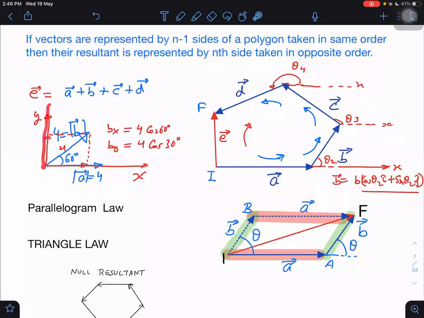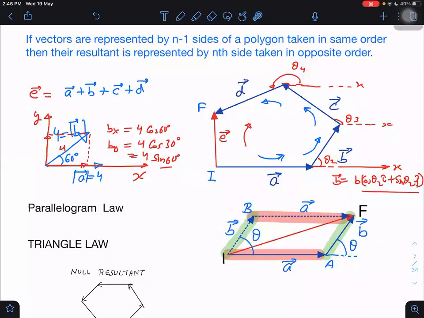For example, what angle does the line make with the y-axis? It makes a 30 degree angle. Then take cos 30. What angle does this line make with the x-axis? It makes a 60 degree angle. Then take cos 60. No need to worry about sine. Why do we take sine? Because cos 30 itself becomes sine 60 degrees.